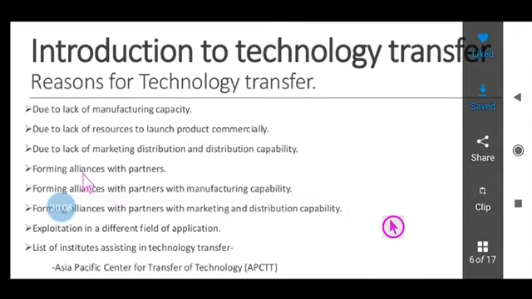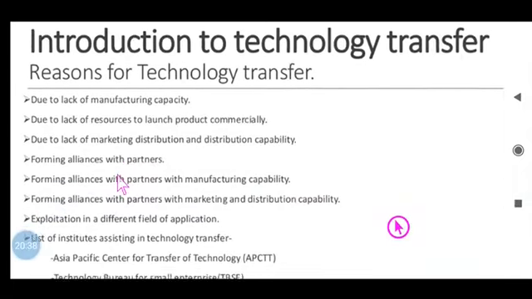And for this purpose, the alliances will be required to be formed. When this kind of thing is going on as a routine basis, naturally the technology transfer process will be a routine process between the alliance partners.